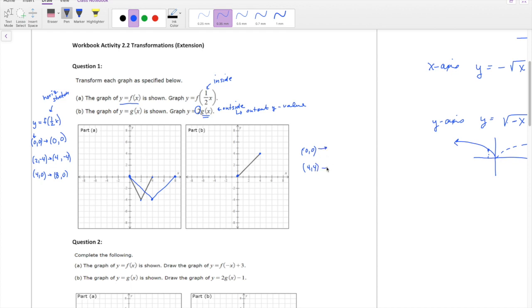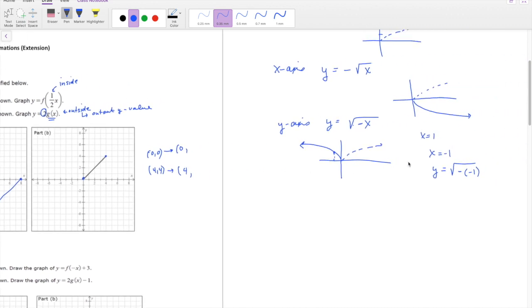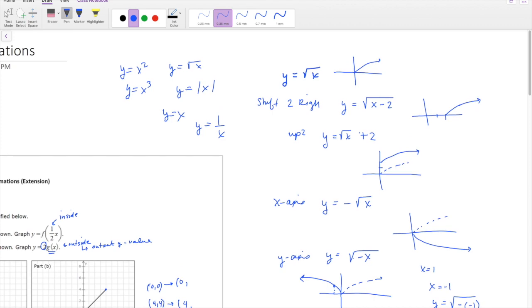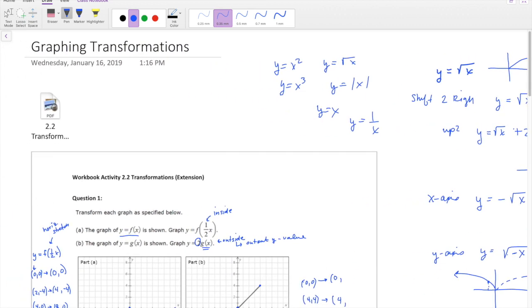That outside 2 doesn't touch the input value, so those stay the same. But when it's an outside value, you make a literal change, similar to the vertical shift. Over here, +2 was added to the outside of the function and it shifted it up 2. It does exactly what you think it would. This point was (0, 0) and it became (0, 2). We added 2 units to the y coordinate.